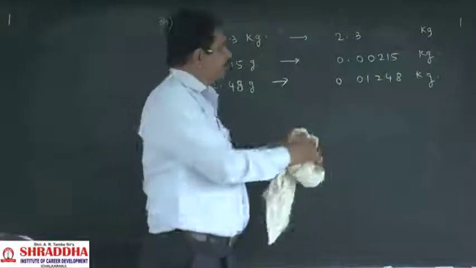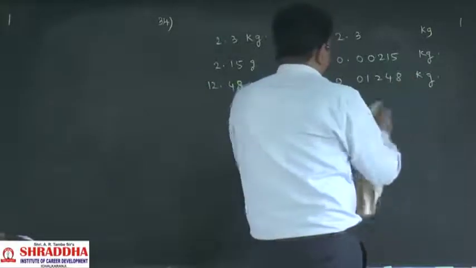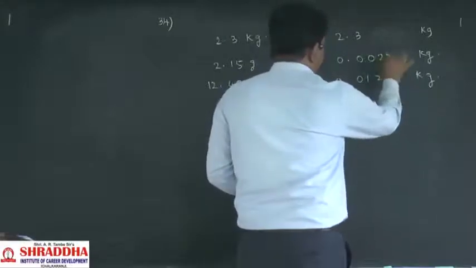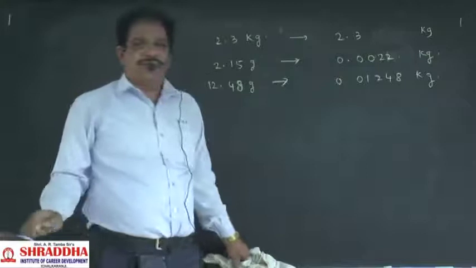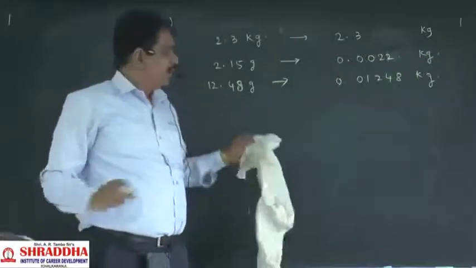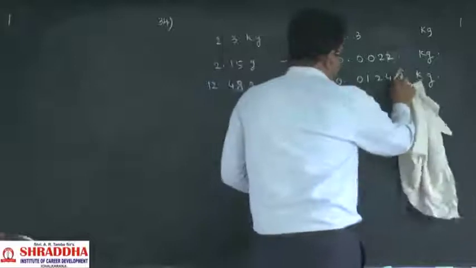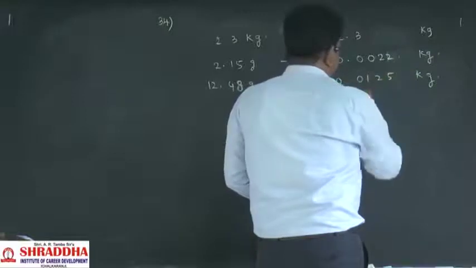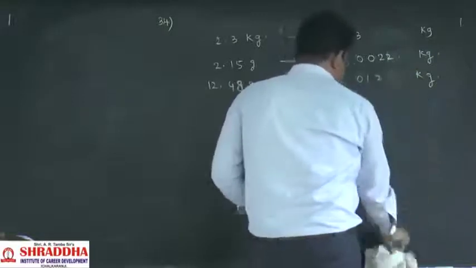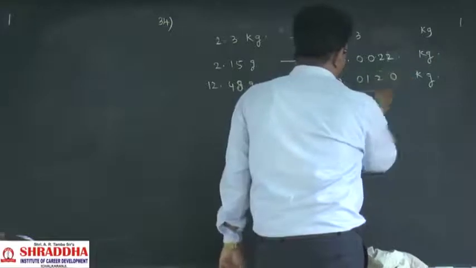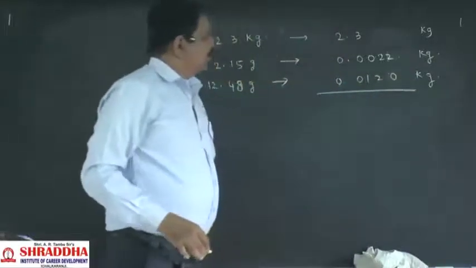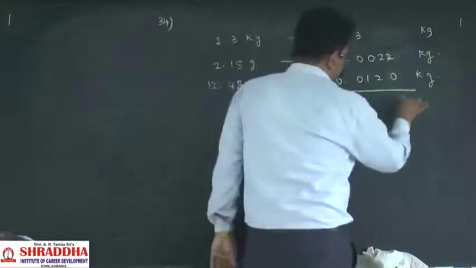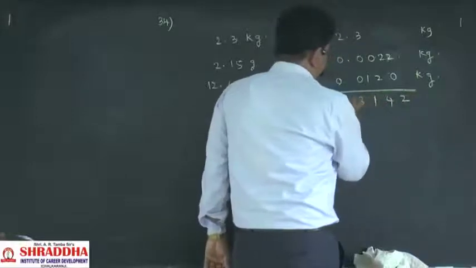So then what we will get? Discard this 5. Preceding digit is even, so it becomes 0.0022. Clear? Next, discard this 8. It will become 5. Discard this 8. No need to change this one. Okay. Then add all of them.